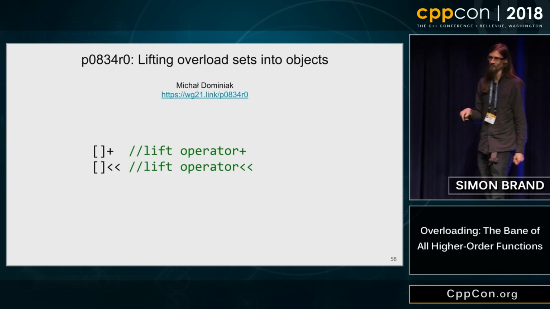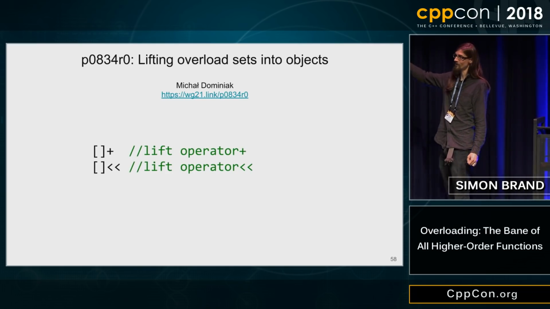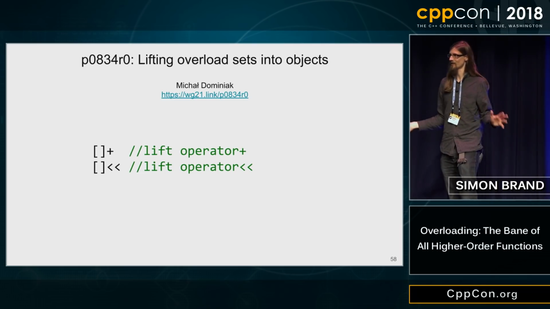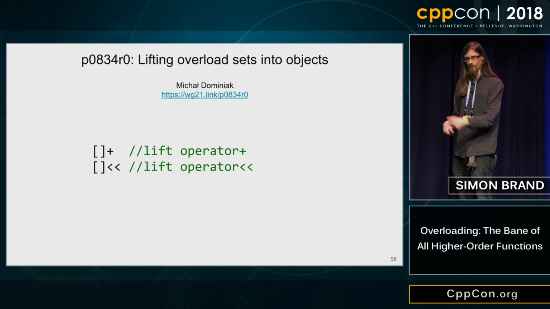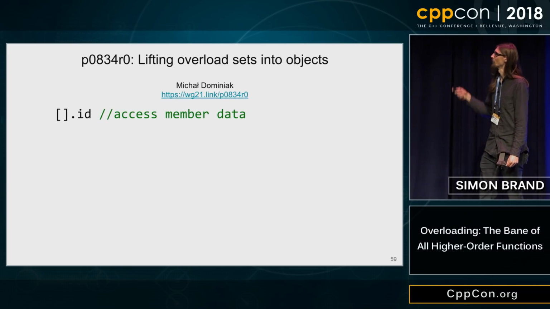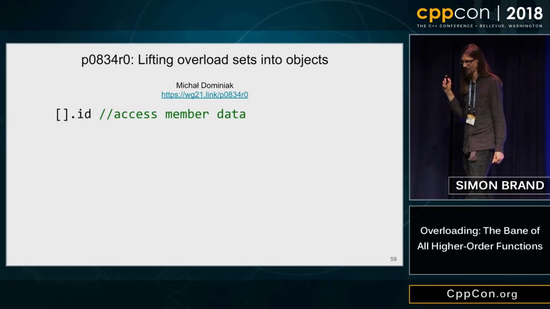Some other cool stuff which is in the paper is lifting over operators. It's a very Haskell-y thing to do. You can just take an operator and make it into a function which you can pass around. Or even member data.